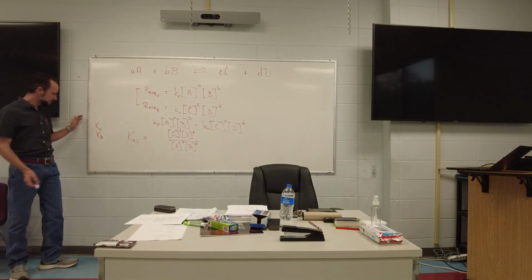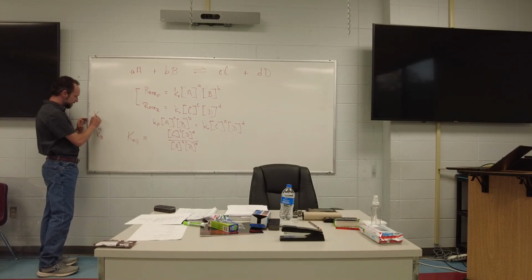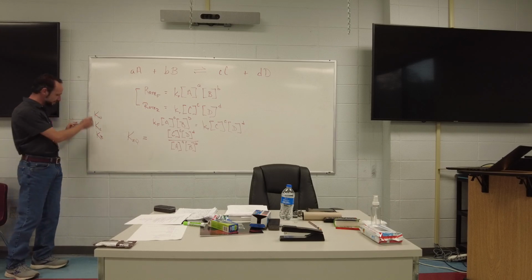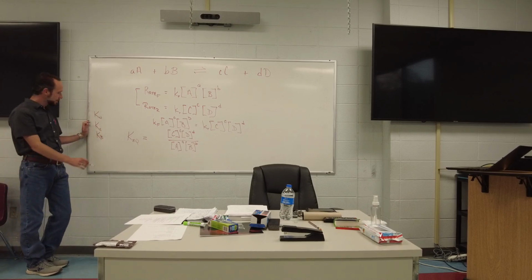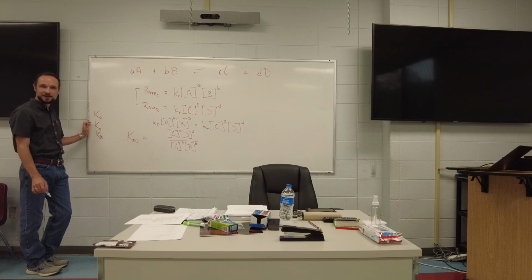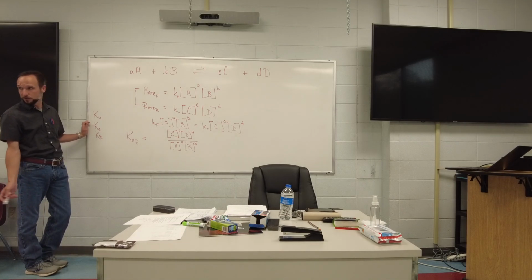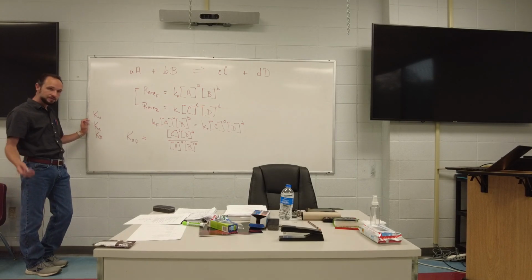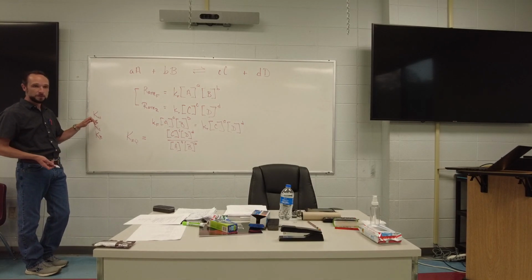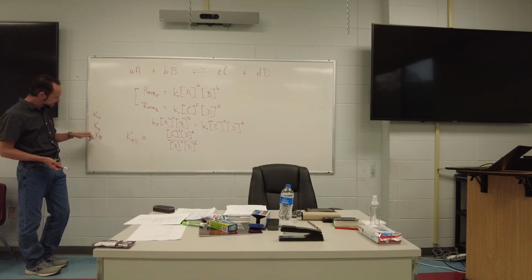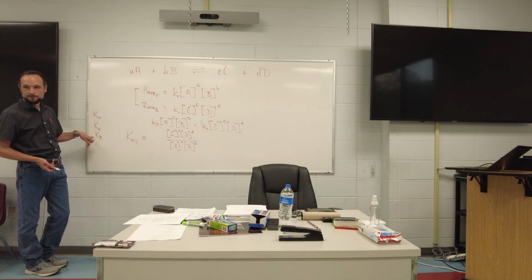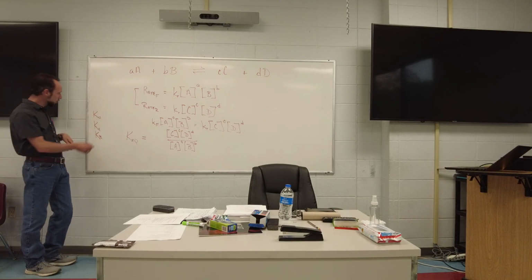Kw is the autoionization constant for water. Water will, to a small degree, ionize on its own. It'll react with other water molecules and then recombine. Very, very, very small. But these two are distinct opposites of one another, and they're connected by that one. So it's a whole group of them here.